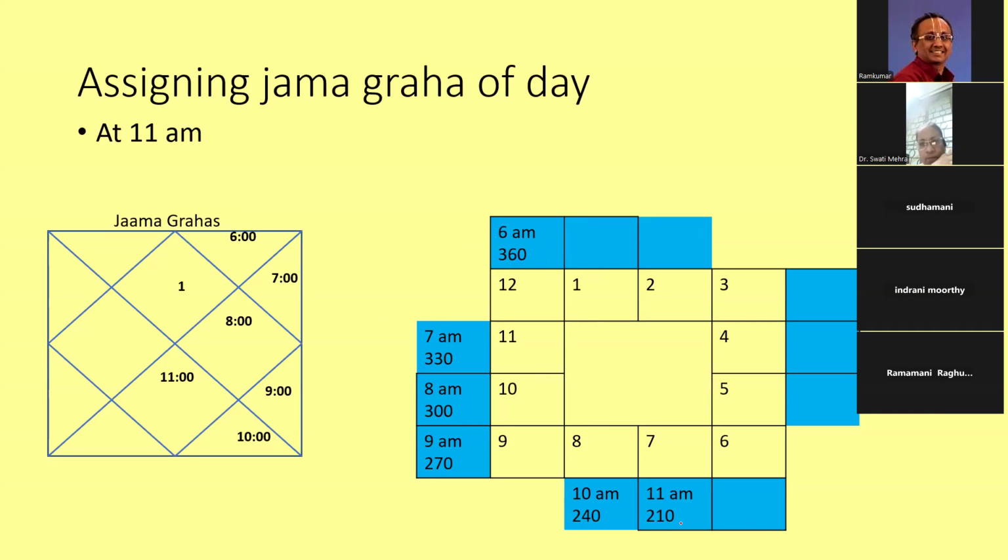Another 2 degrees it will have gone, right? So 210 minus 2. At 11 it is at 210 degrees. 4 minutes is 2 degrees. So I'll subtract, and I'll get 208 degrees at 11:04. Okay?